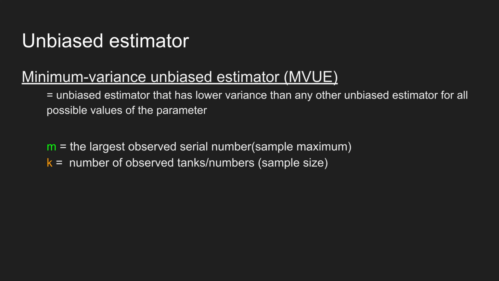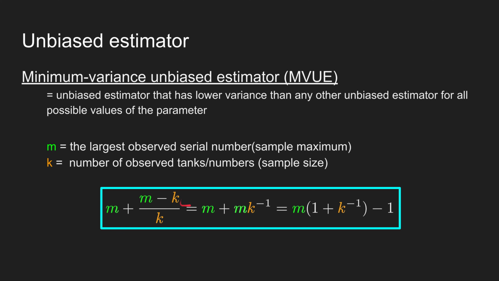For our formula then, we have m plus (m minus k) divided by k, which is equal to m plus mk elevated by minus 1 minus 1, equal to m multiplied by (1 plus k elevated to minus 1) minus 1.